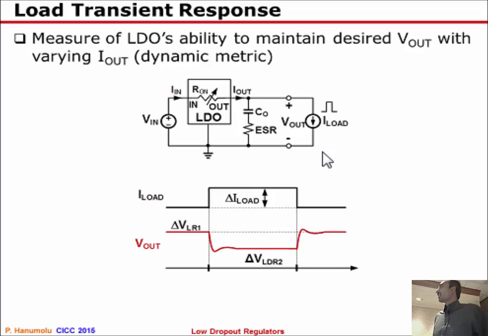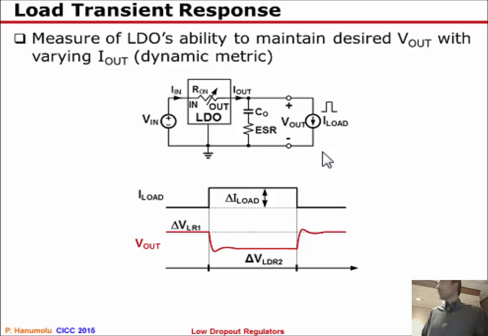Similarly, we also have a load transient. When I out changes by delta I load rapidly, as shown here, by how much will the output change? Exactly how much depends on, there is a typo, this should be LDR1, the static load regulation.